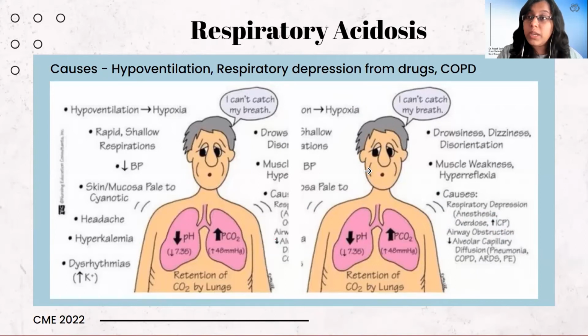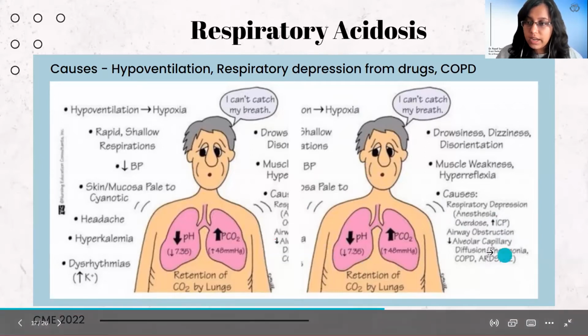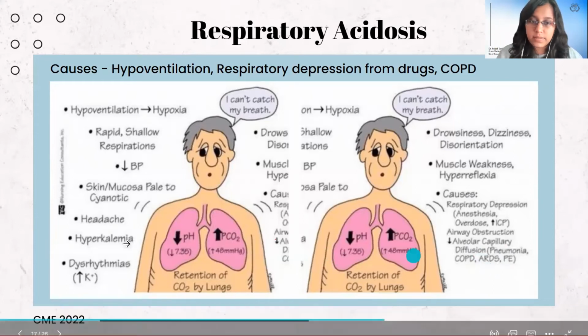So these patients need to be intubated, right? A lot of the times you'll get a head injury patient, severe bleeding, sudden collapse. So you need to make sure they're ventilated, because if the respiratory center gets involved, they'll collapse and die immediately. Again, then you have alveolar capillary diffusion. Again, your lung pathologies, pneumonia, COPD, pulmonary embolism, ARDS. Okay.